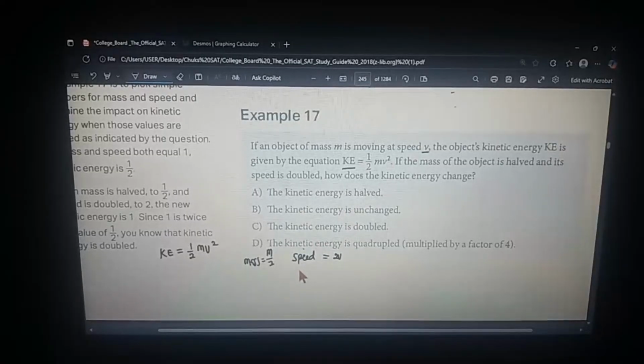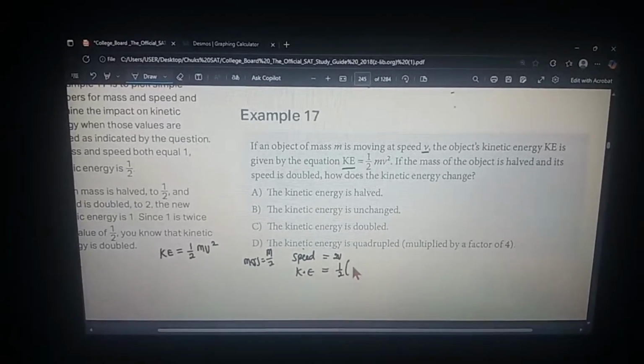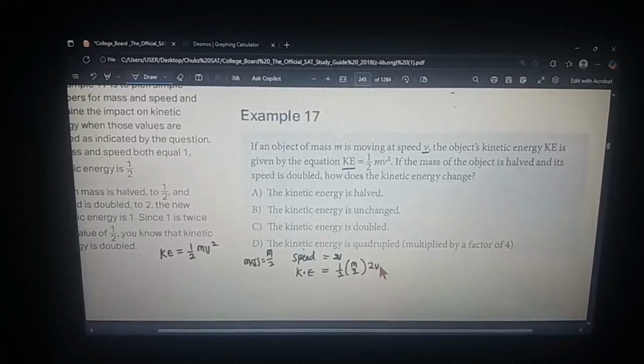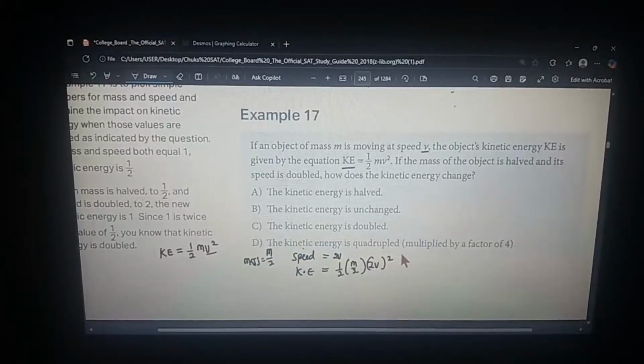So the kinetic energy for this change will be half mv squared, but the m is now half, so that will be m over 2, and the speed is now double, that will be 2v all squared. Remember, the v has to be squared, right? So we want to see how the kinetic energy changes because of this change.